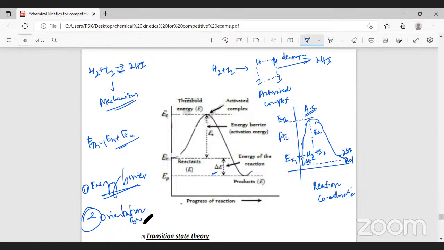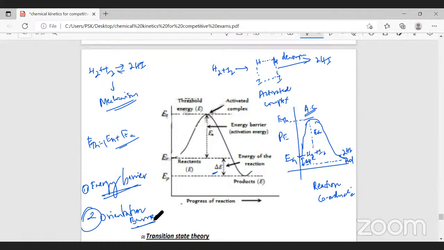We learned the orientation barrier in the last class with the example of nitrogen dioxide reacting with each other to form the product, nitrogen tetroxide. Anyway, we will learn the orientation of molecules with one more example given in the textbook.